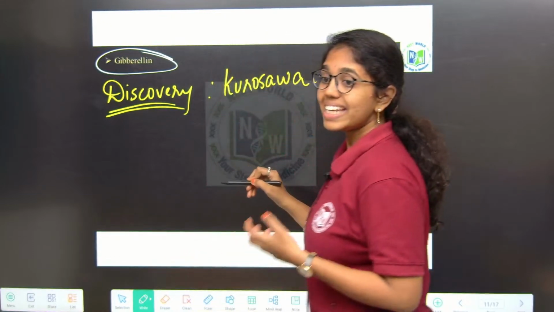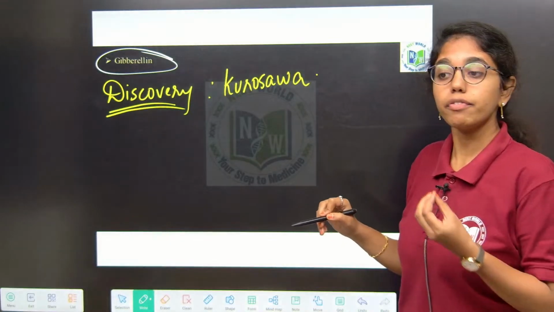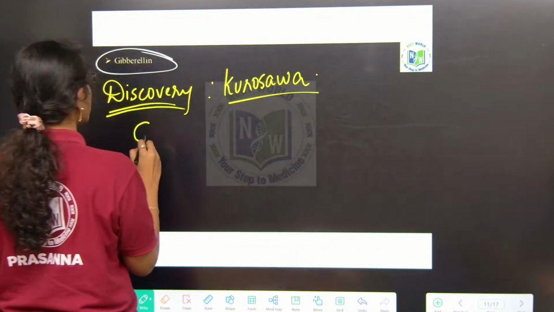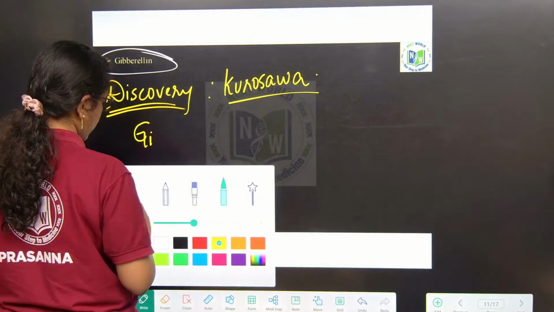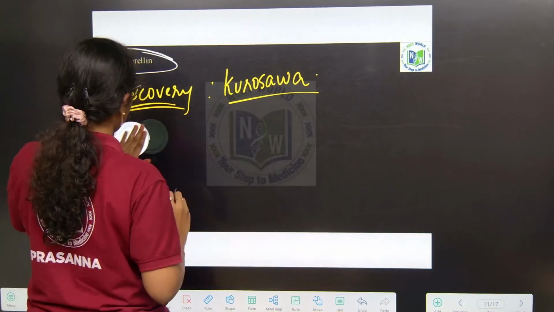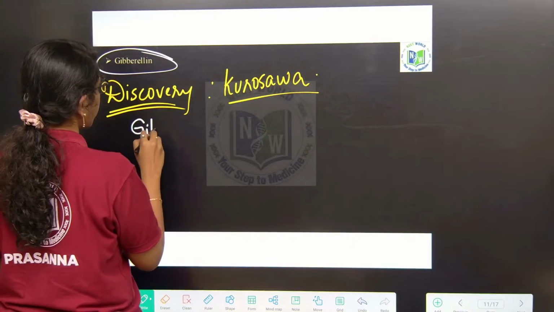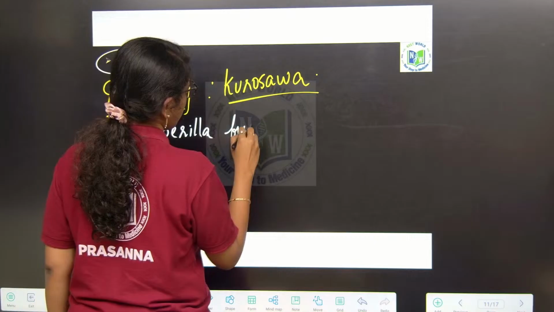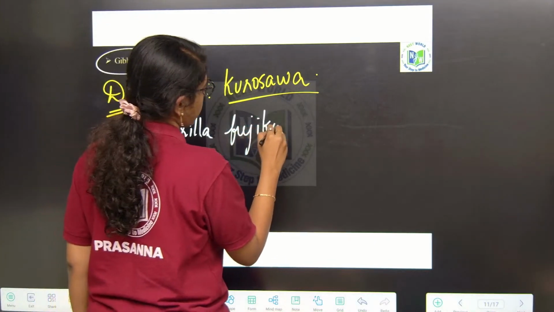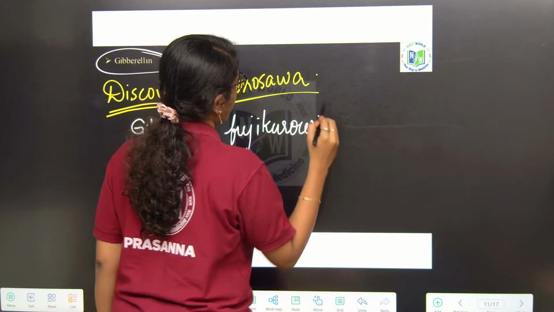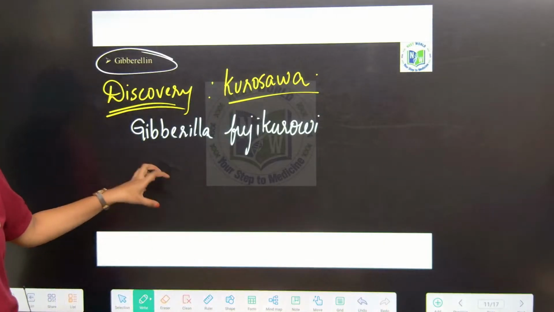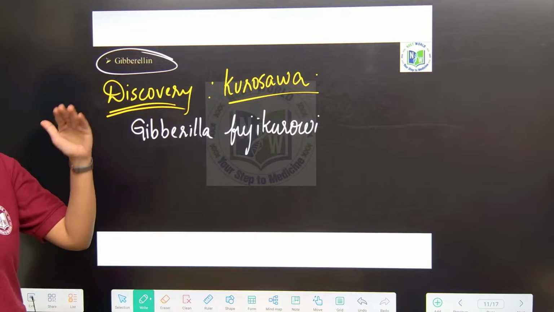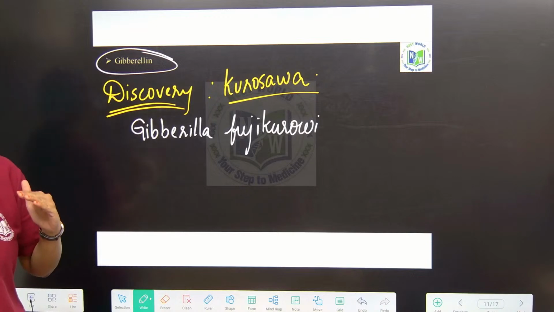He said that some active compounds are being released by the fungus Gibberella fujikuroi, that led to the profuse growth in length of the rice seedlings.